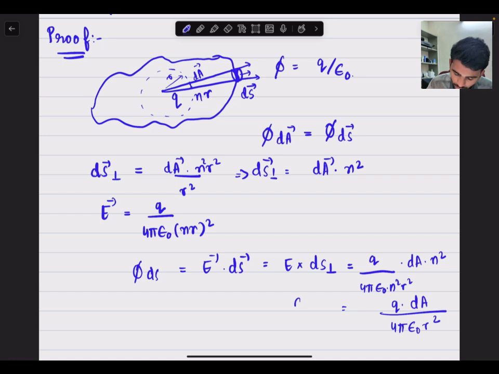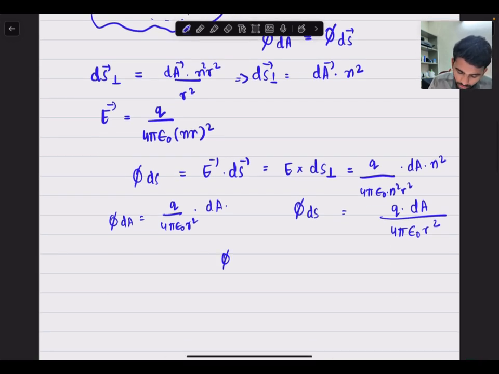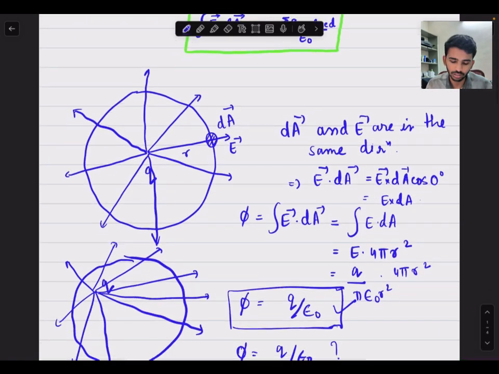So this is the flux through dS, and we already know that the flux through dA is equal to q by 4 pi epsilon naught r squared into dA. So we can see that phi of dS is equal to phi through dA. So we can say that the flux passing through this whole random surface is equal to the flux passing through that spherical surface.